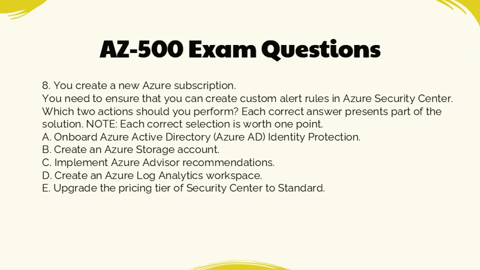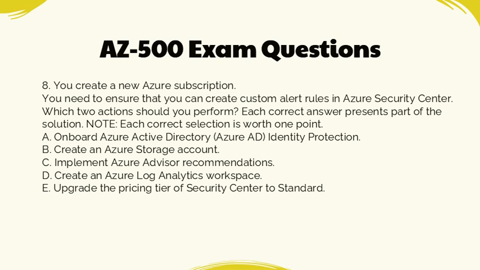8. You create a new Azure subscription. You need to ensure that you can create custom alert rules in Azure Security Center. Which two actions should you perform? Each correct answer presents part of the solution. Note: each correct selection is worth 1 point.